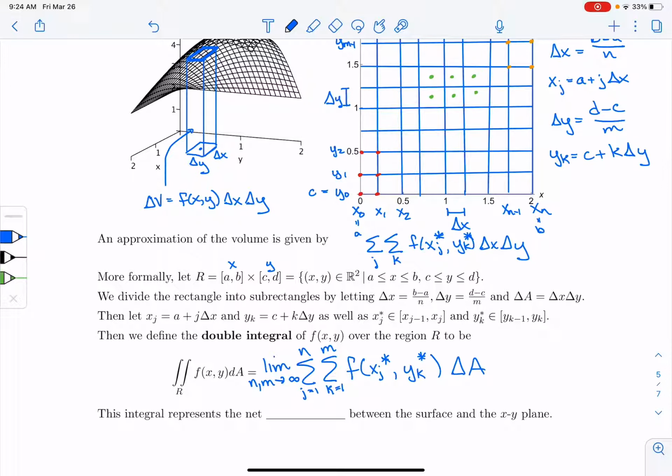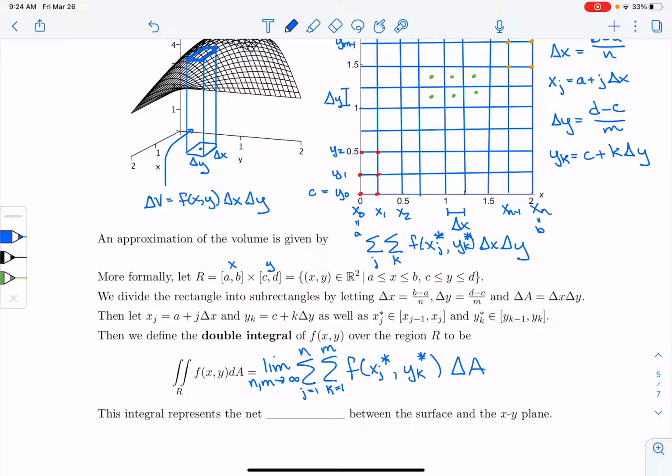What will happen then is that delta x and delta y will go to 0, which means that delta A will go to 0. That means we have infinitely thin rectangular prisms that we're using to estimate the volume underneath the surface, and that will give us the exact volume underneath the surface.